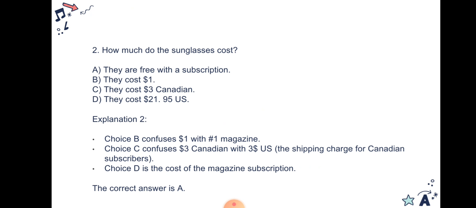Explanation 2. Choice B confused $1 with one magazine. Choice C confused $3 Canadian with $3 US. The shipping charge is for Canadian subscribers. Choice D is the cost of the magazine subscription. The correct answer is A.